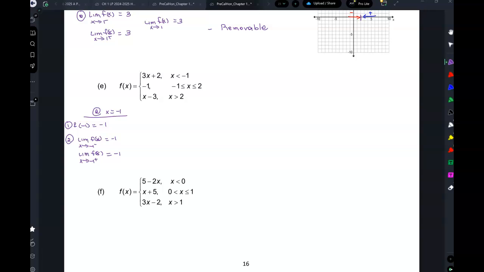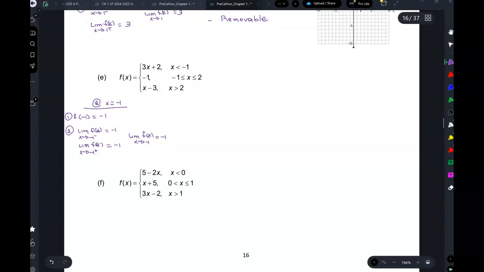So the limit of f of x as x approaches -1 is -1. So since f of -1 equals the limit of f of x as x approaches -1, therefore f of x is continuous at x equals -1.